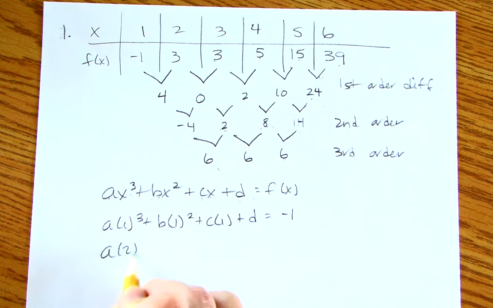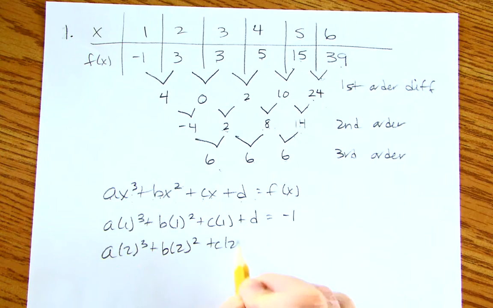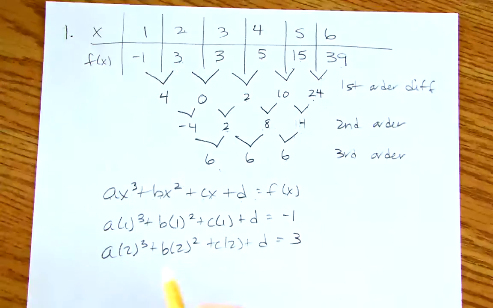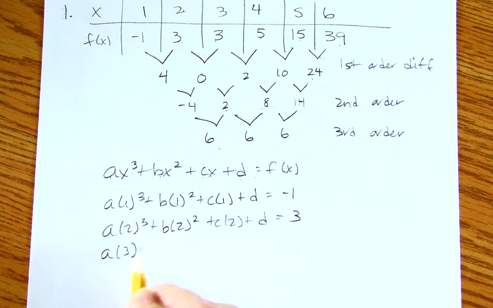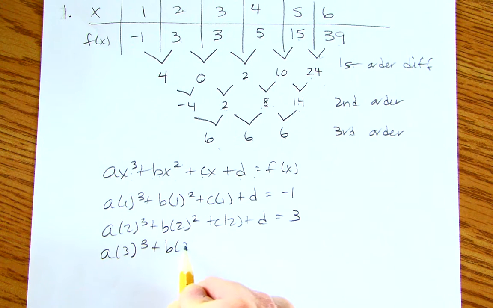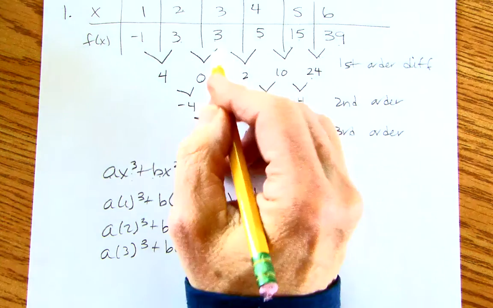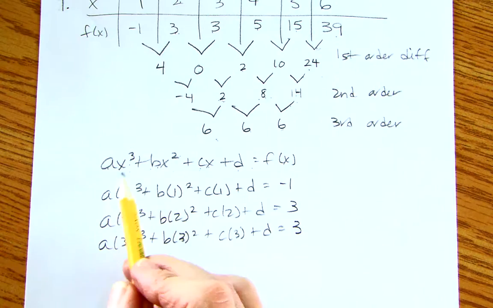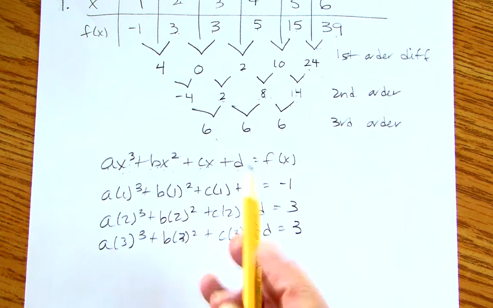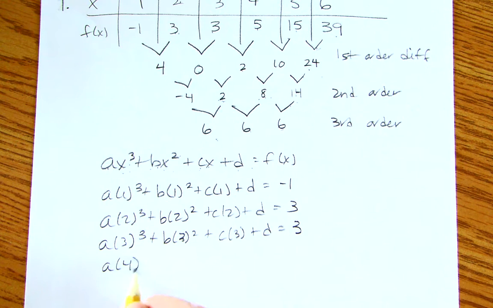And then a times 2 cubed plus b times 2 squared plus c times 2 plus d was 3. When 2 went in, 3 came out. When 3 goes in, 3 came out. And remember, even though it's a cubic, we have 4 unknowns, a, b, c, d, so I need a 4th one. When 4 went in, 5 came out.